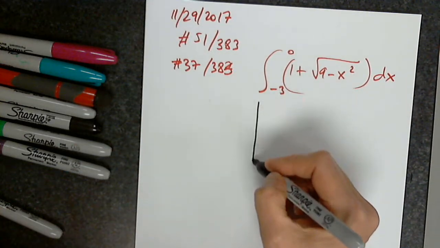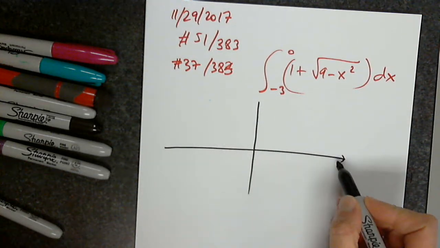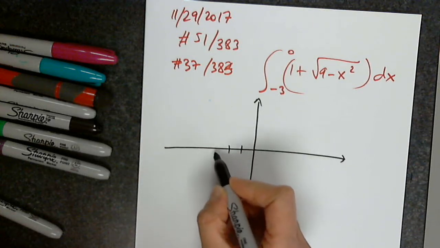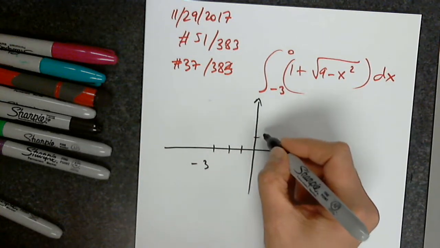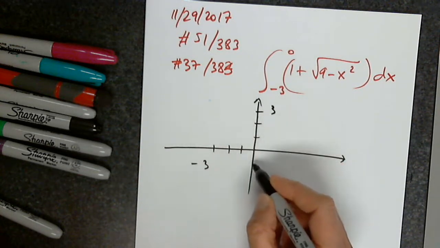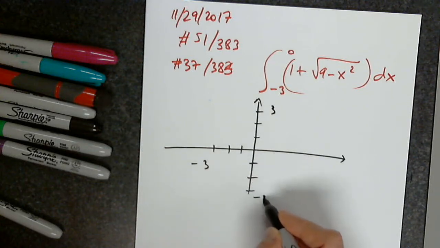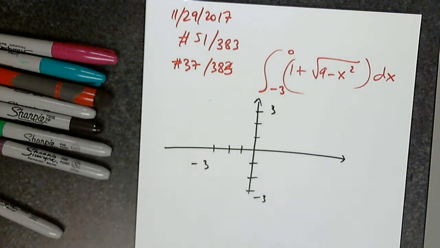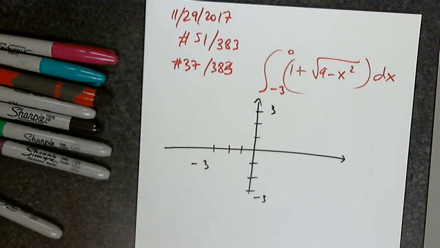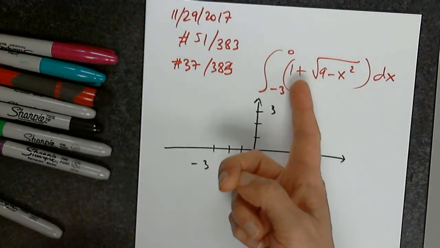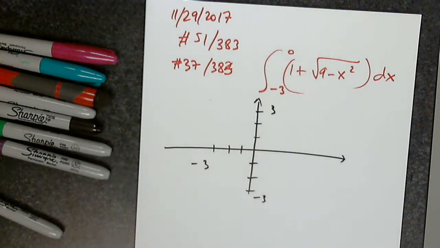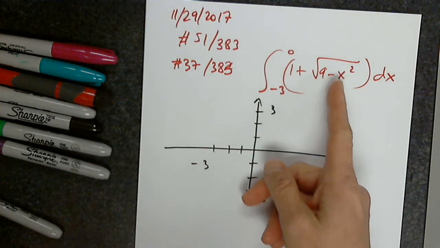I need to graph this function, and first, it's not a problem to graph the plus 1, right? But I want to graph this first.